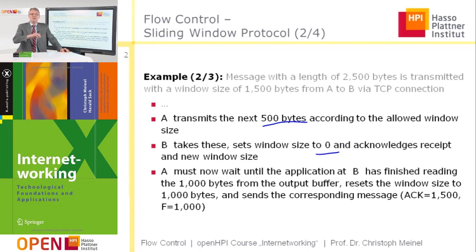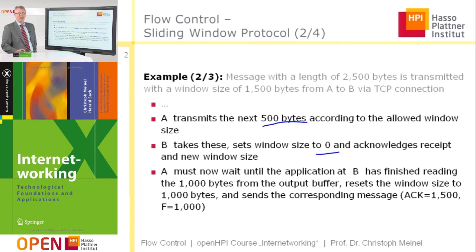So, not to perform such useless retransmission, A has to wait, up to the moment that B has finished reading the first 1,000 bytes from the buffer and resets the window size back to 1,000 bytes, and now sends the corresponding message.